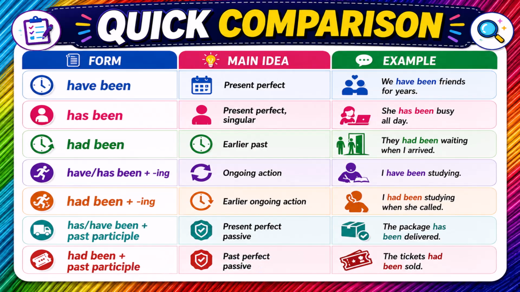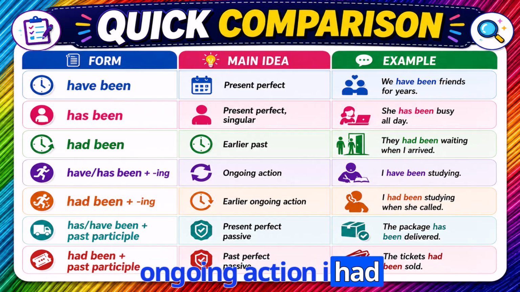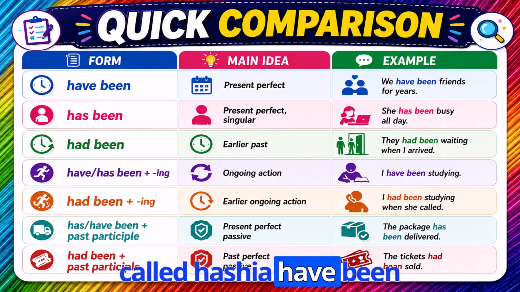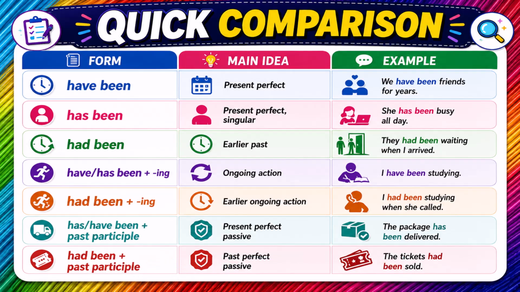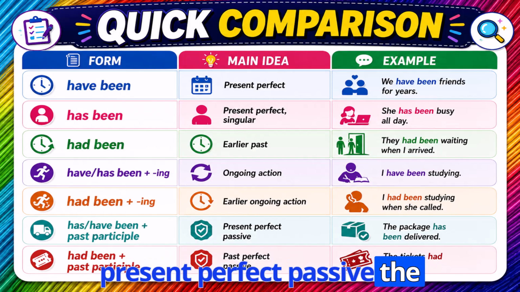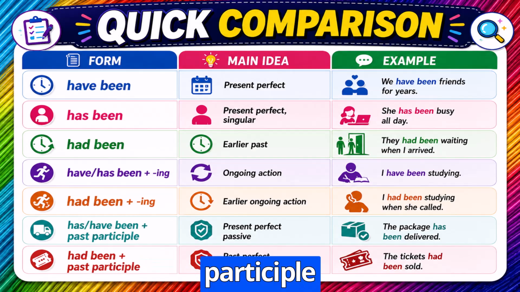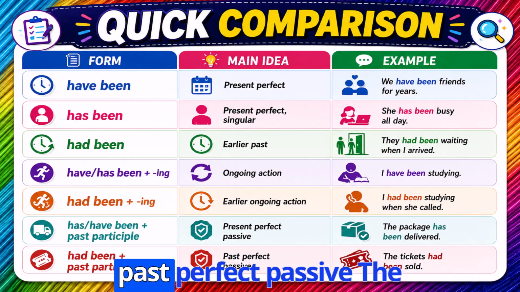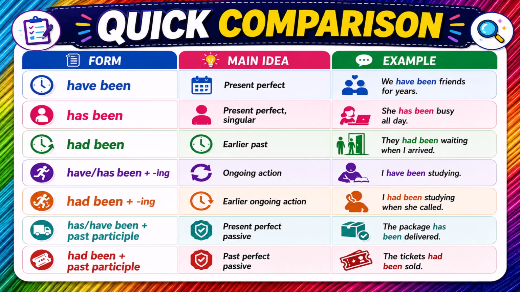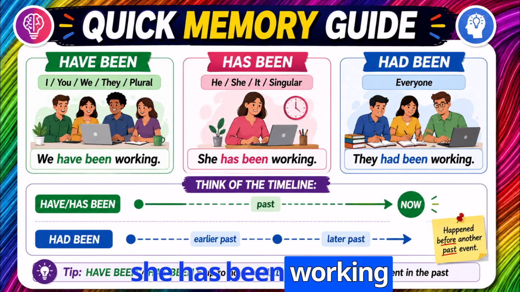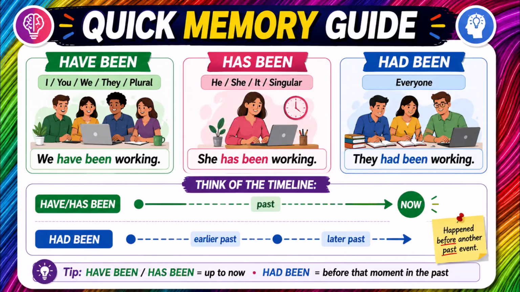Had been -ing: earlier ongoing action. I had been studying when she called. Has/have been past participle: present perfect passive. The package has been delivered. Had been past participle: past perfect passive. The tickets had been sold. We have been working. She has been working. They had been working.